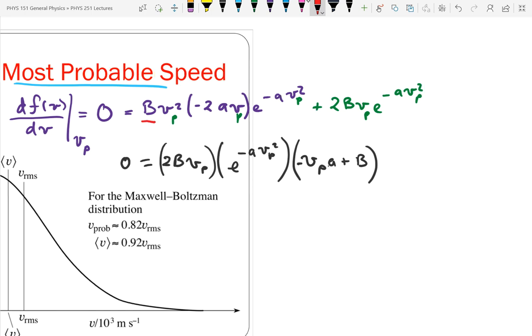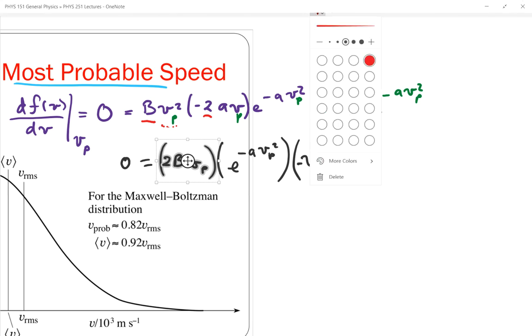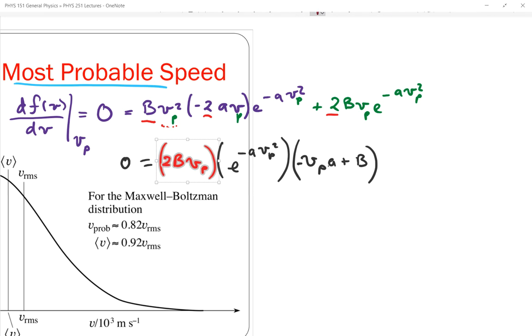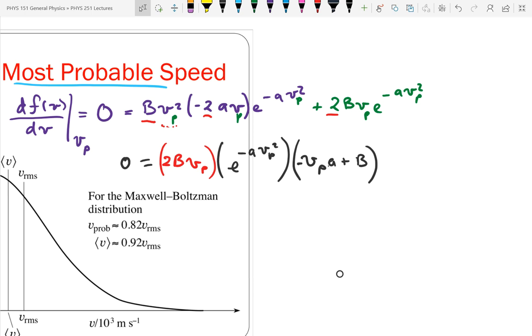Half of this one, and the 2's are in the first one. And then in the second one, so in the second one, I have this and this.